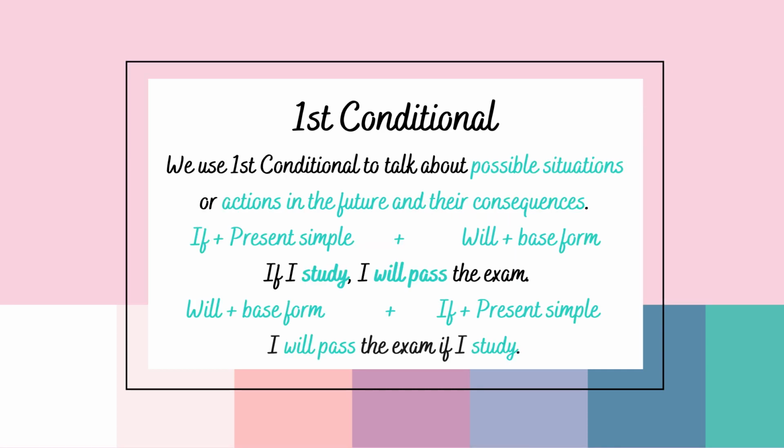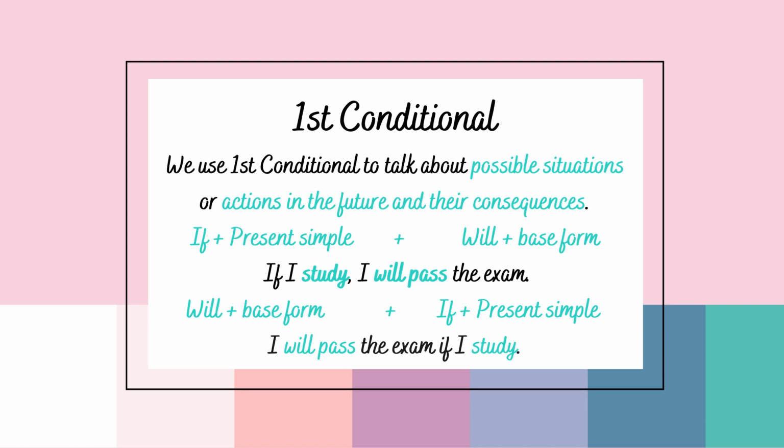First conditional. We use first conditional to talk about consequences, possible situations or actions in the future and their consequences. The structure is present simple plus will and base form.